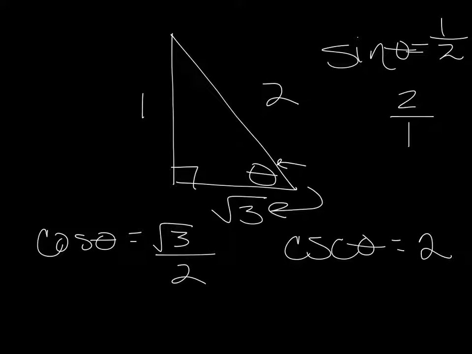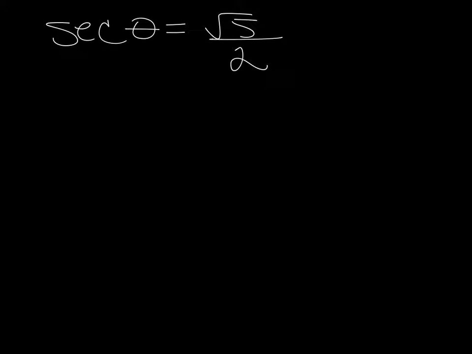We should probably do another one of those, though. So let's take a look at number 20. It says, given that secant is the square root of 5 over 2, find tangent and cosine.